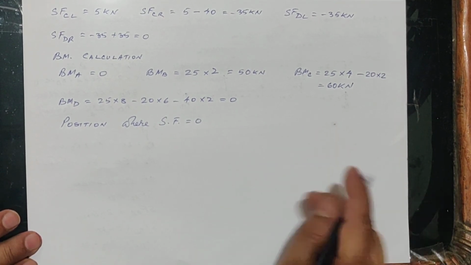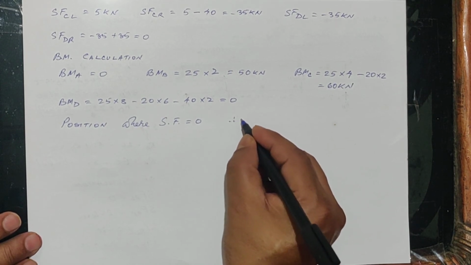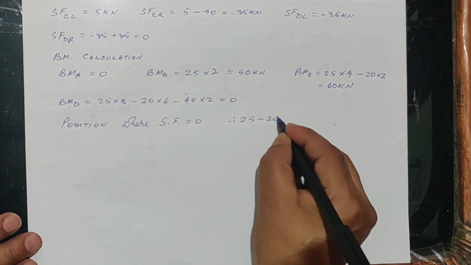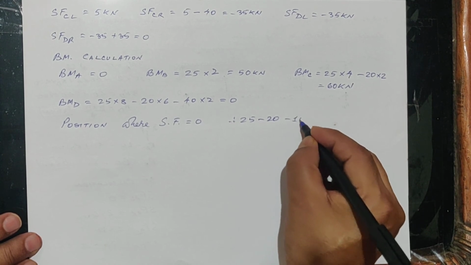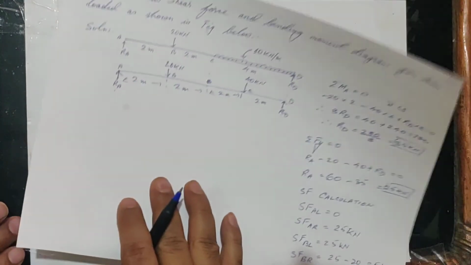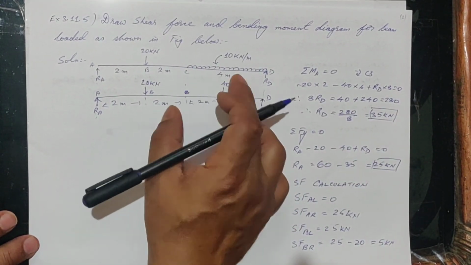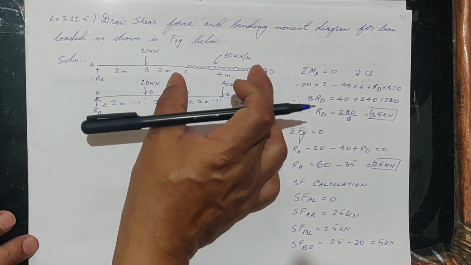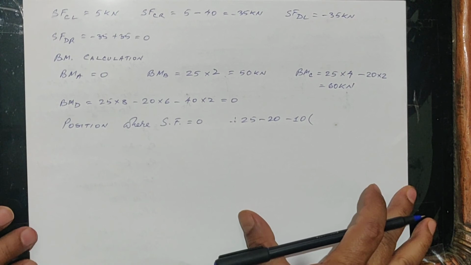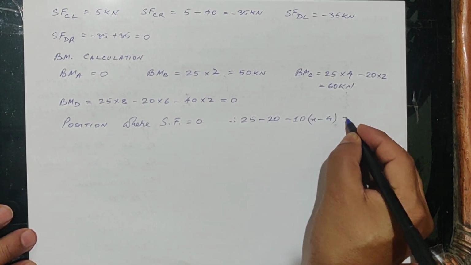So SF is coming down as 25, therefore 25 minus 20 minus 10, suppose it is cutting at x, so this will be x minus 4, is equal to 0.